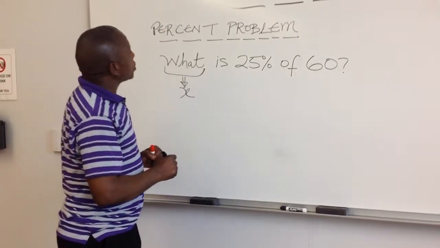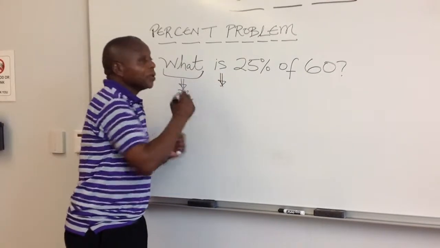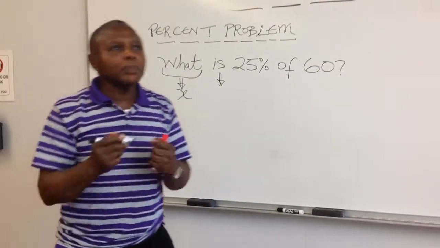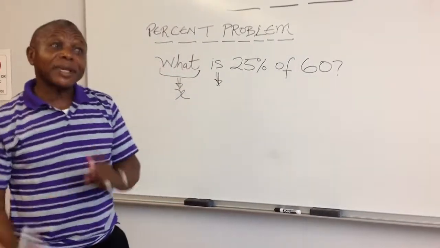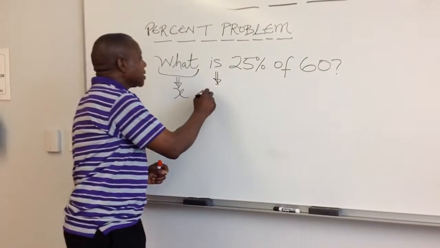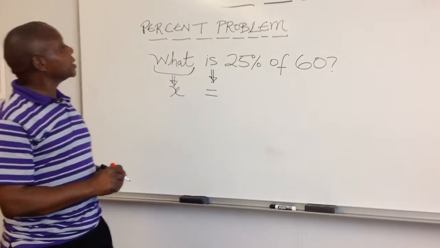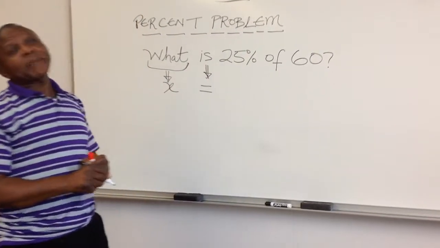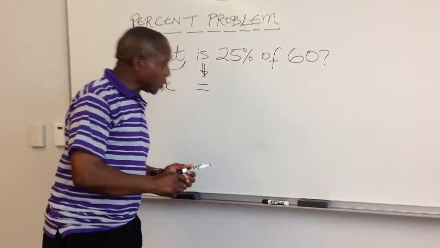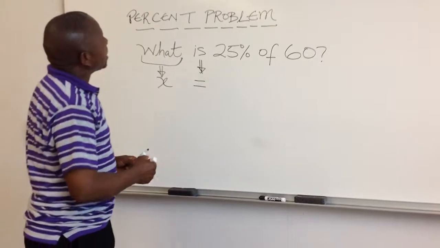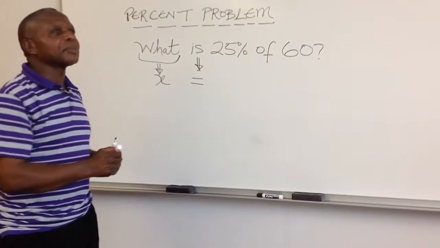And whenever you see the word is, what does this stand for in a word problem solving situation? In the language of word problems, is will represent equality or equal. What about where you see 25%? What does that represent? Well, we have to note that there is a very important formula when we are dealing with percent problems.